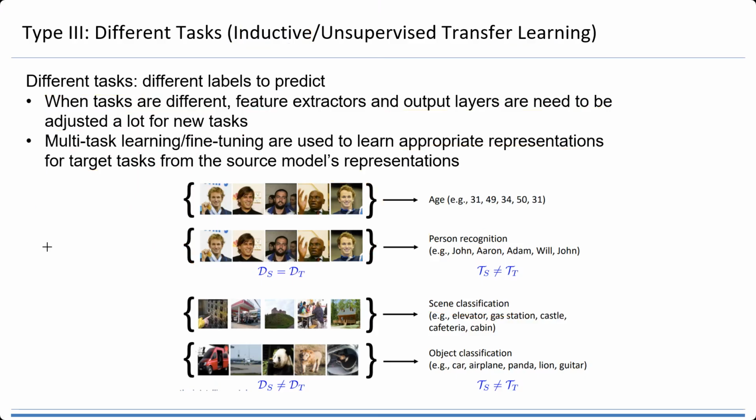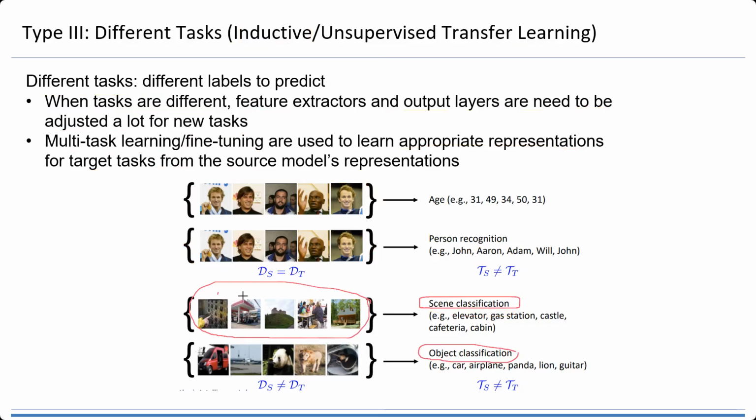But maybe if you look at this, for example, now I have this data. I want to look at scene classification, and I want to look at the task of object classification.